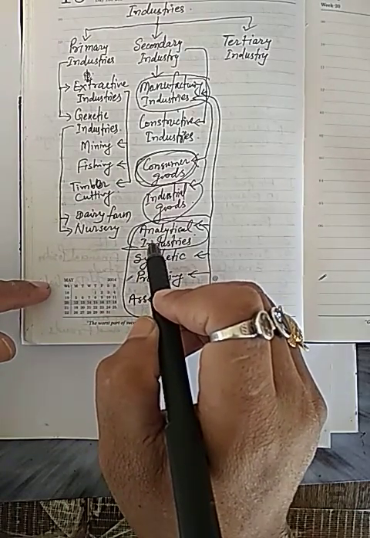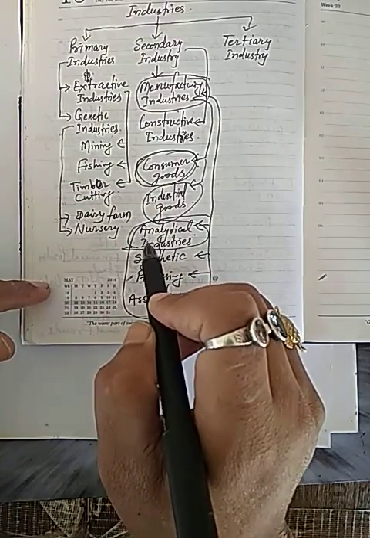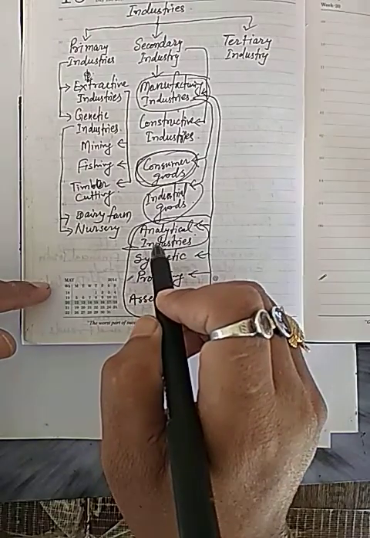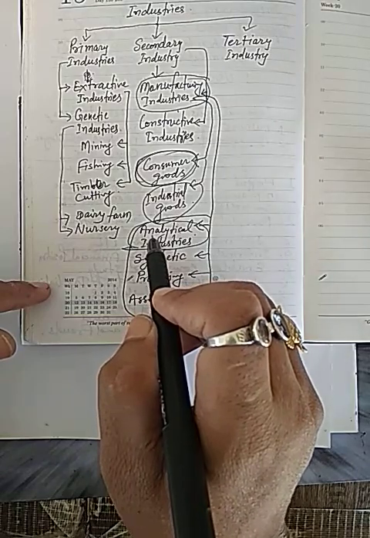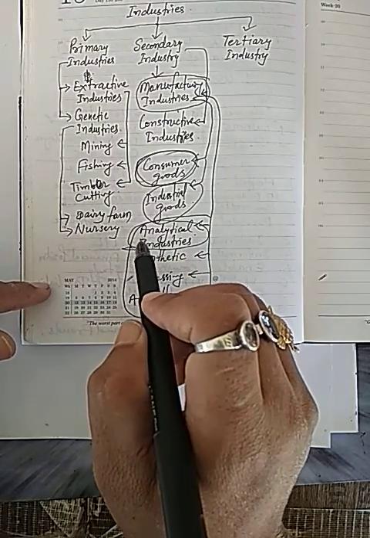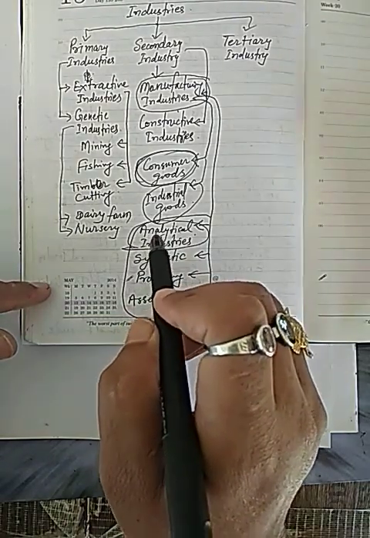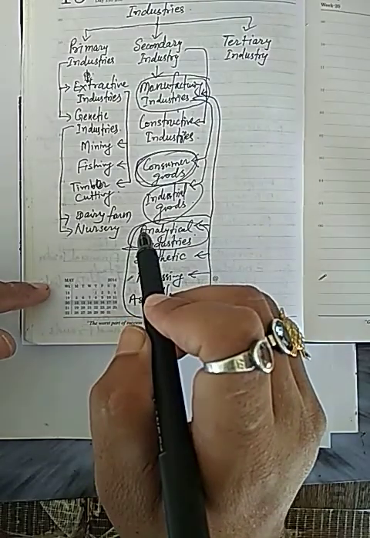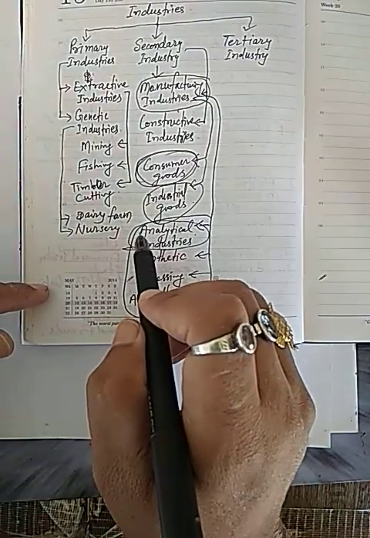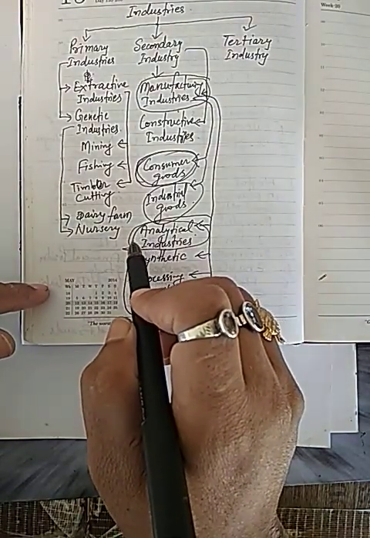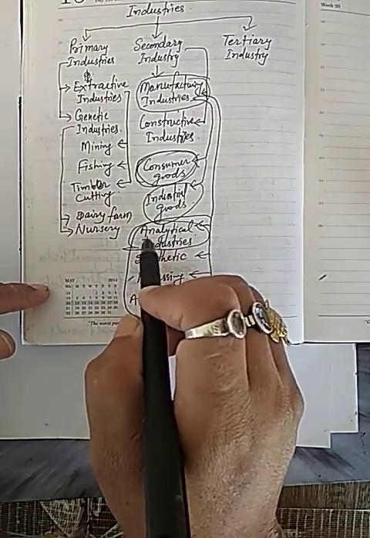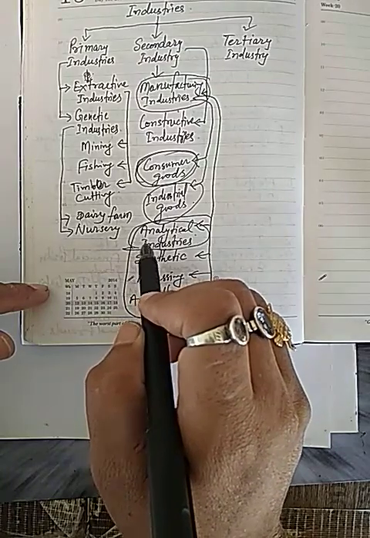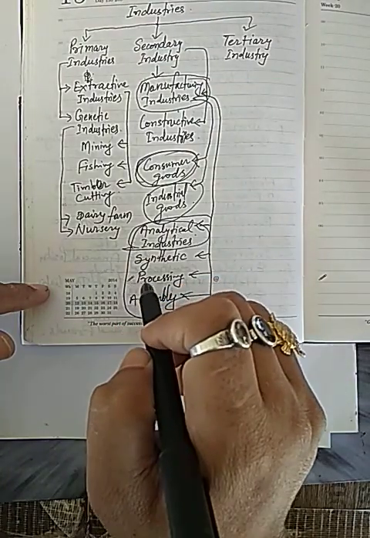Crude oil is processed, converted into petroleum, diesel, kerosene oil, etc. So this is analytical industries. Now synthetic industry.